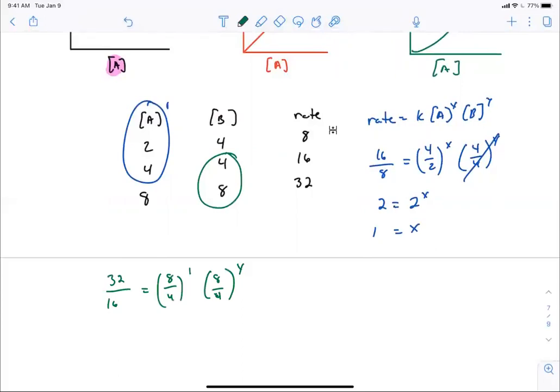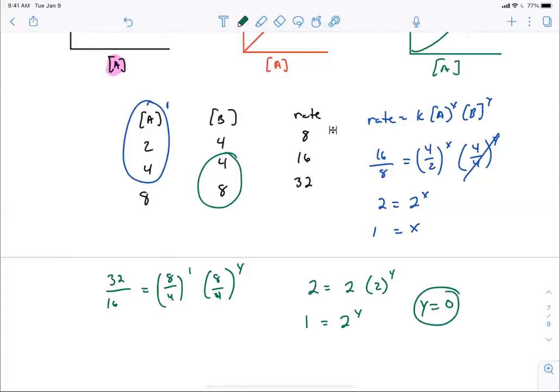So you have to remove A's impact on the rate before you can measure B's. So this becomes 2 is equal to 2 times 2 to the Y. Well, A already doubles the rate, so that's 1 equals 2 to the Y. So B's rate order is 0 in this scenario.